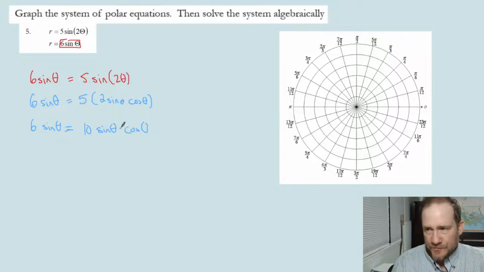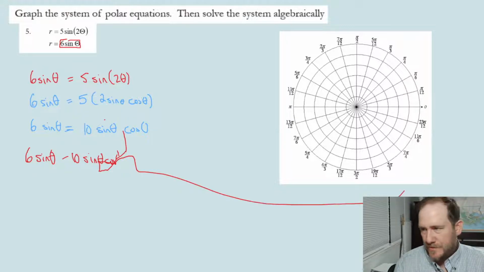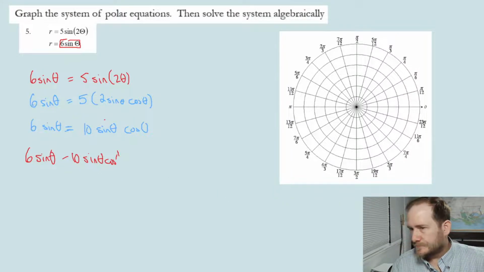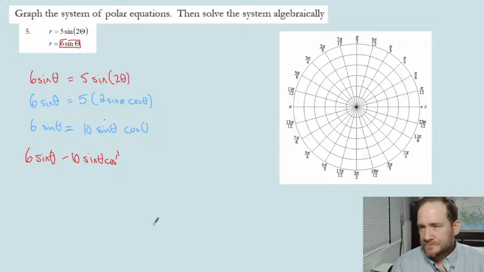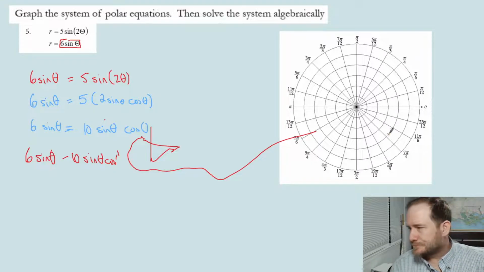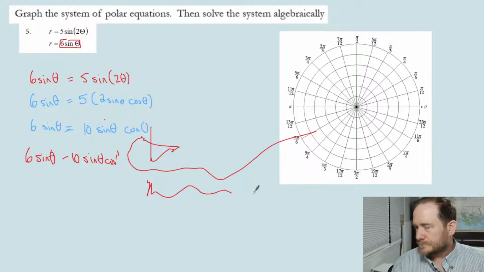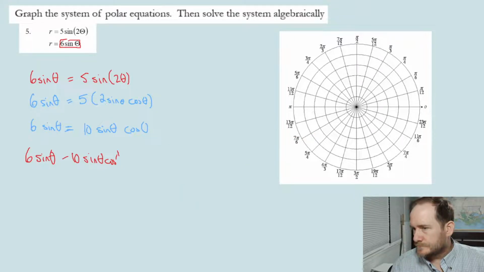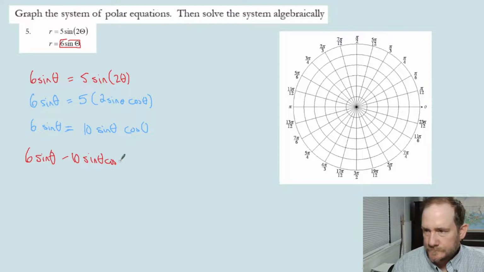Instead, subtract this from both sides. So you get 6 sine theta minus 10 sine theta cosine theta equals 0.